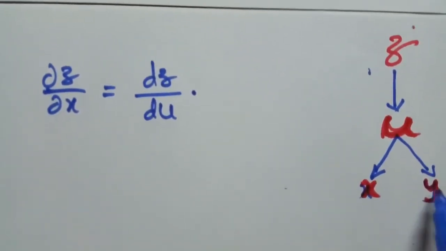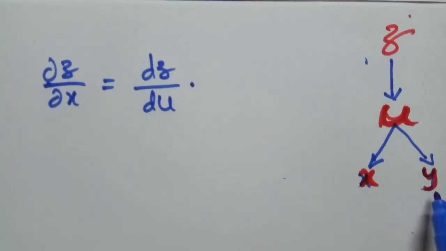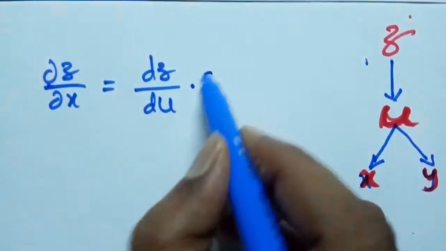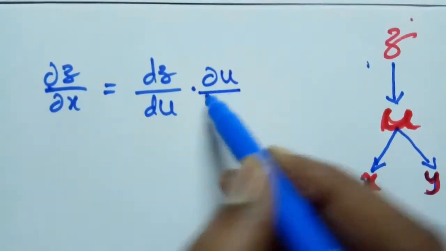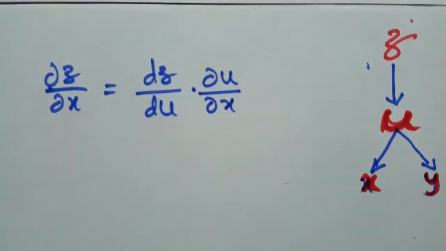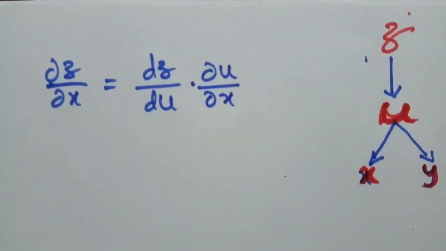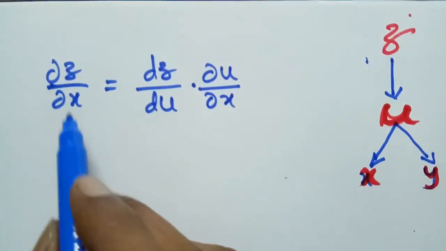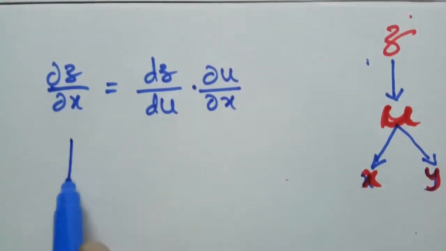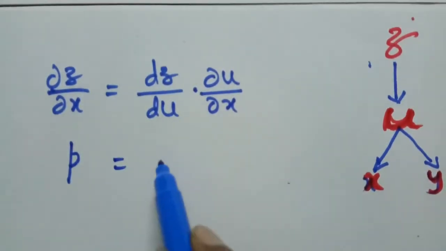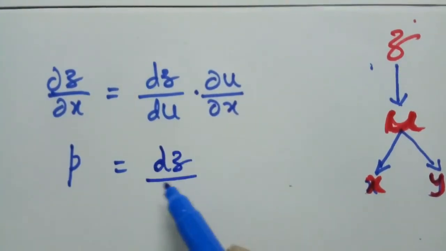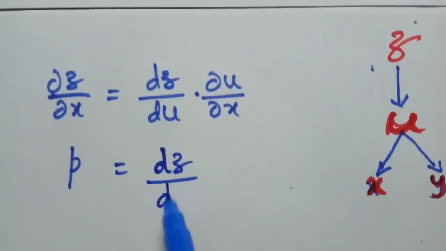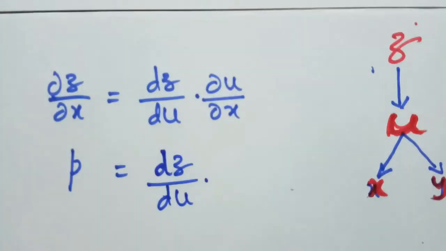We know that dou z by dou x is p, so p is equal to dz by du into dou u by dou x.